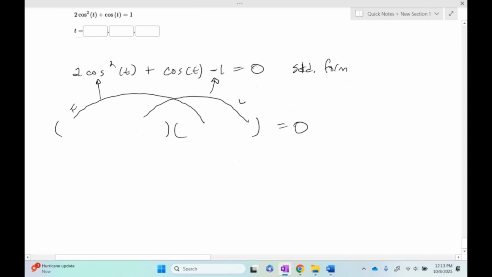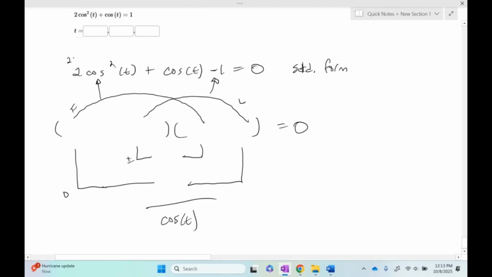In order to check the middle term, the outermost and the innermost should give us the middle term, which is the cosine of t. So I'm simply going to look at factors of the first term.